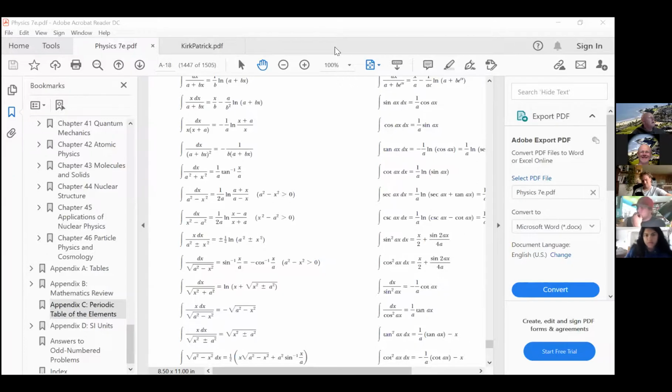Then minus a, and that a would be the d in my problem, over b squared, and my b would be a 1. And then it would be the natural log of the a, which would be the d in my problem, and then the x. Okay, so let me write that down.